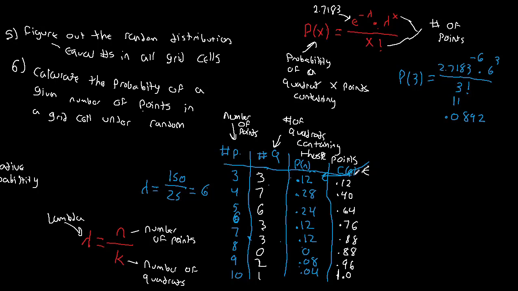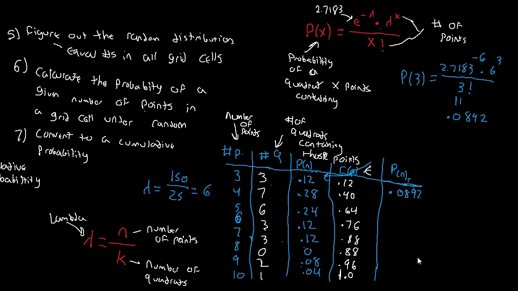And so what we've just calculated, if we want to add a column to our table here, is this probability of n, and I'm going to put a sub r here to indicate that we're talking about the random distribution. So what we've calculated here is the probability under this random distribution of getting 3 points, right? So this would go here, 0.0892. Again, what we calculated was just the probability, under this assumption of a random distribution, of getting a quadrat with 3 points.